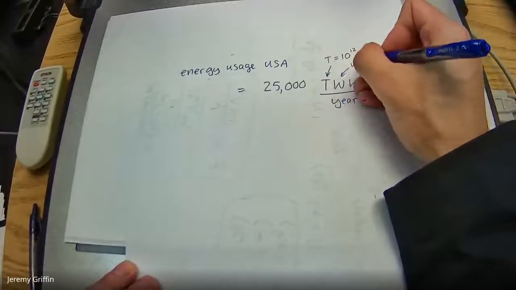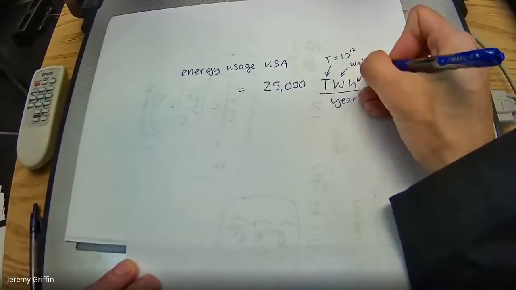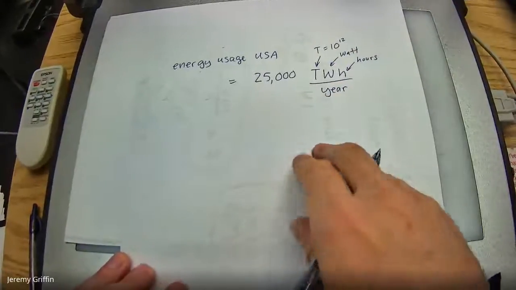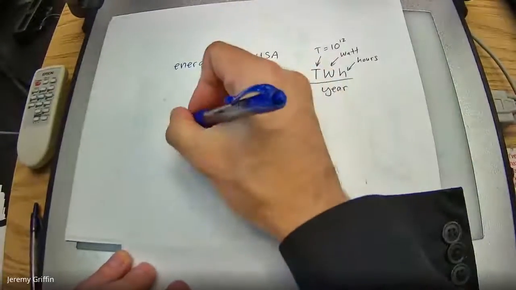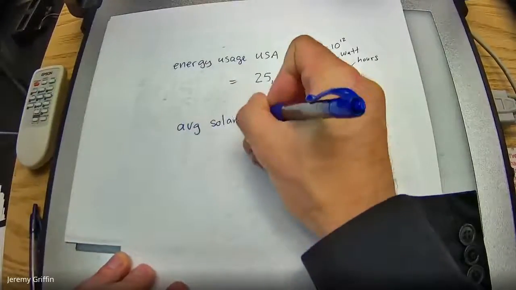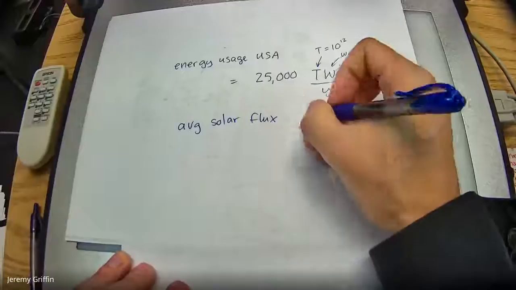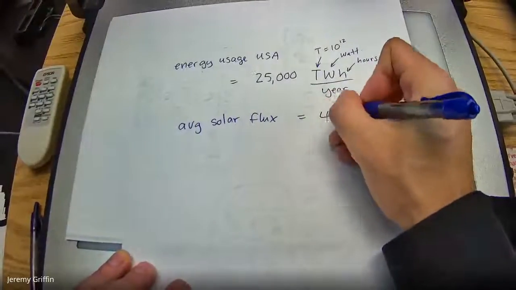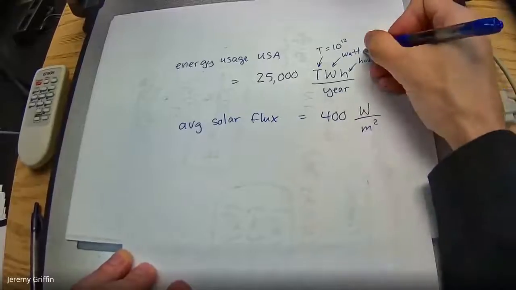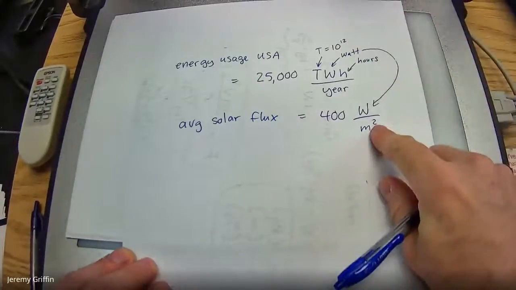This is watts. This is hours. Let's say that the average solar flux is 400 watts per square meter. So there's watts again, square meters.